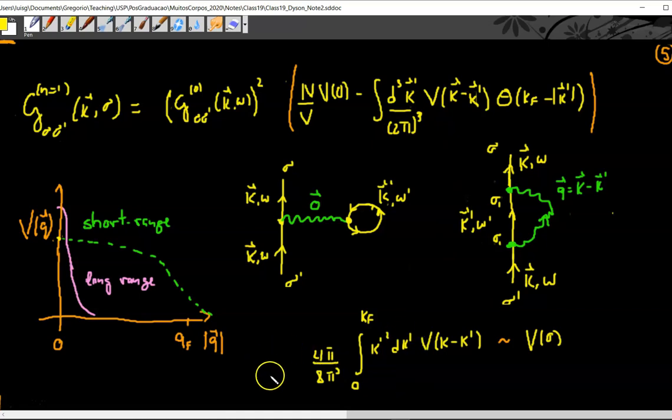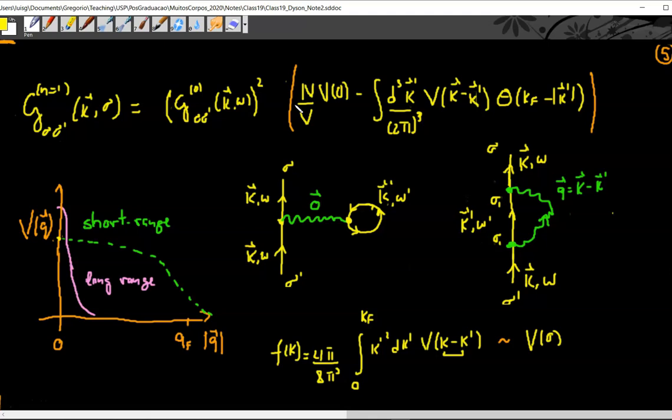But notice that this is a function of k. So it will depend also on which momentum you're talking about. Notice that this depends on the difference between this momentum and what you're integrating here. So how the distribution of this in momentum space will be crucial. So whether it's short range or long range will make the difference, whether this exchange term or the direct term will be more effective.